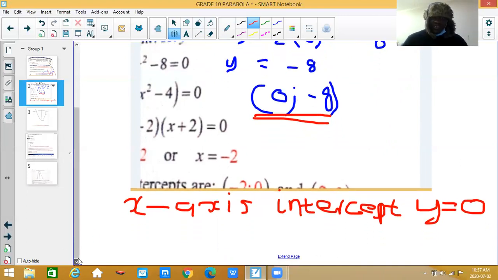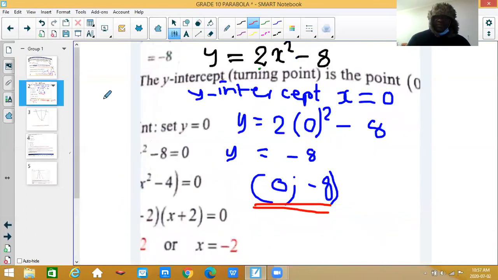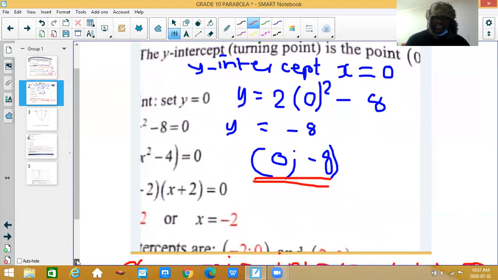Now let us move on. We have the equation that we're dealing with: y is equal to 2x squared minus 8.